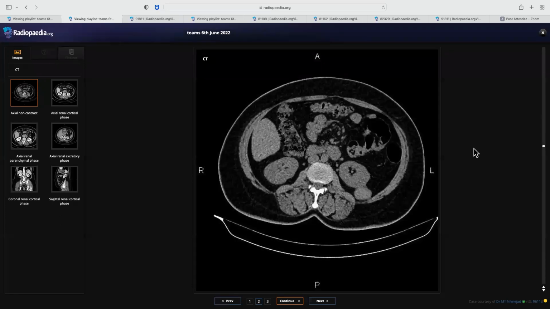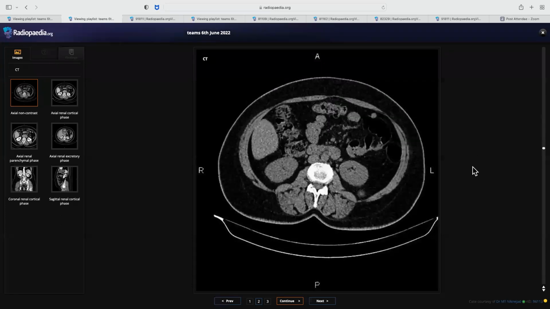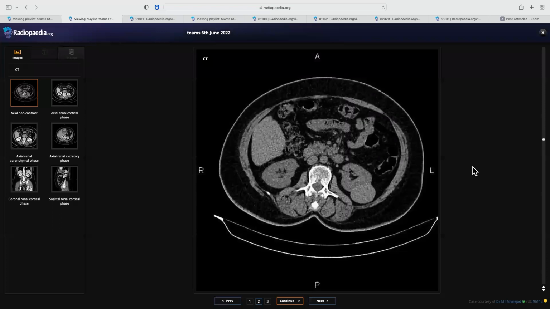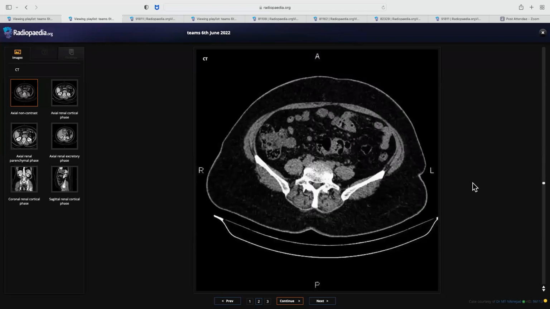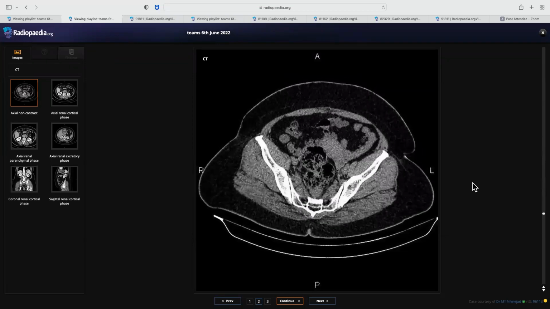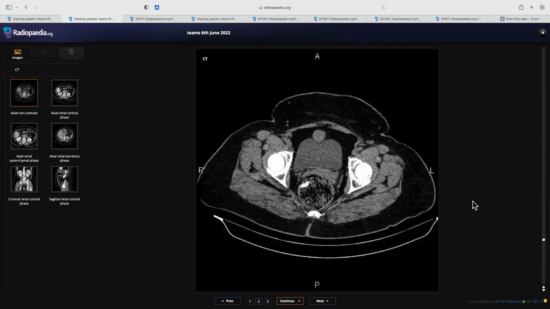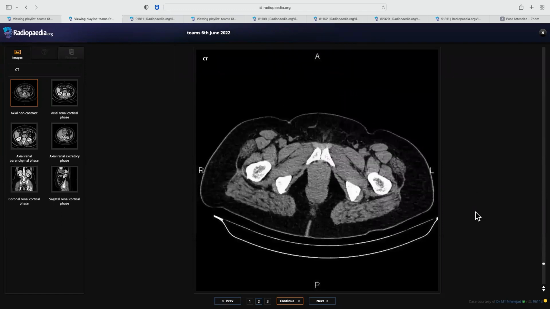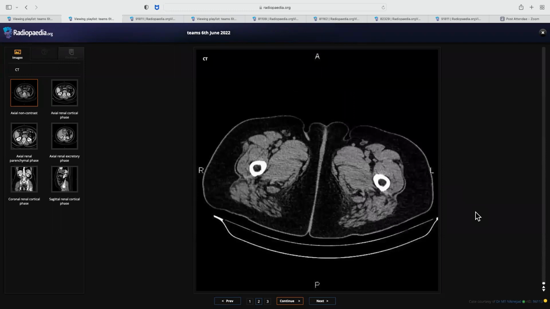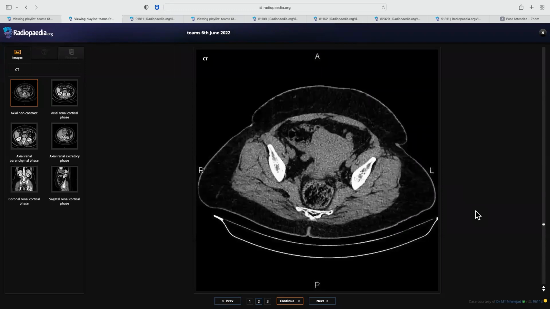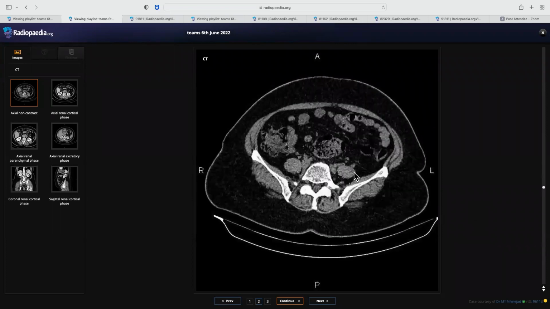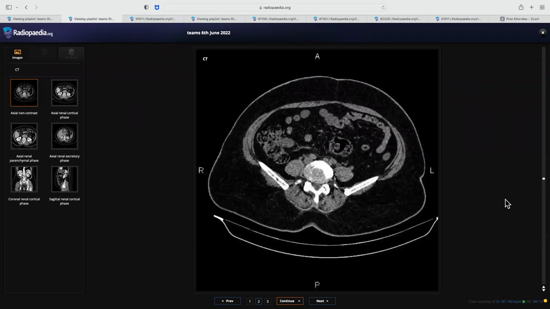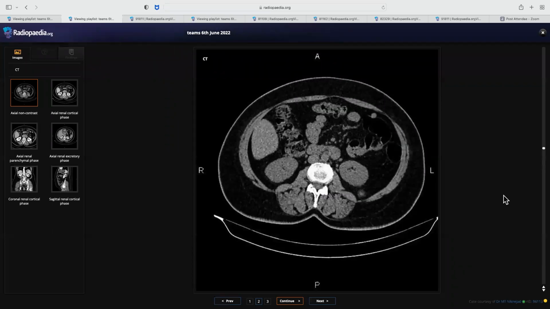I'm presented with a CT non-contrast of patient 55 with abdominal pain. In these non-contrast images, I can see that there is a left renal hyperdense, well-defined lesion.